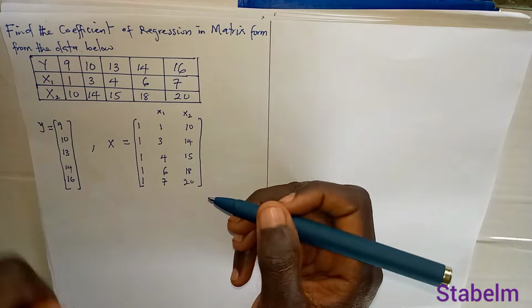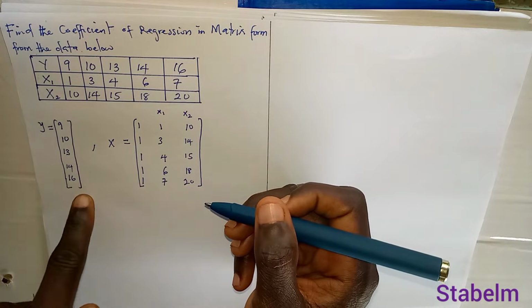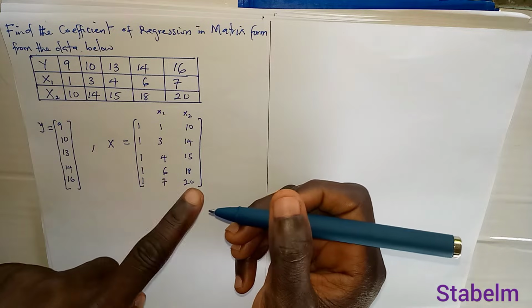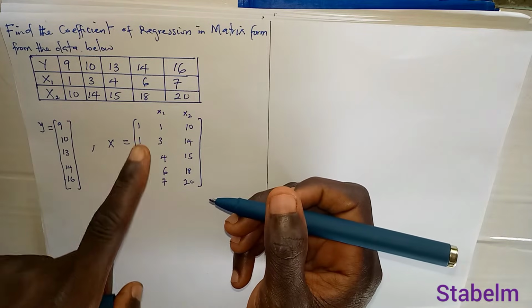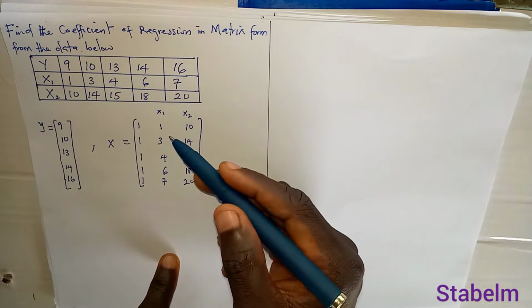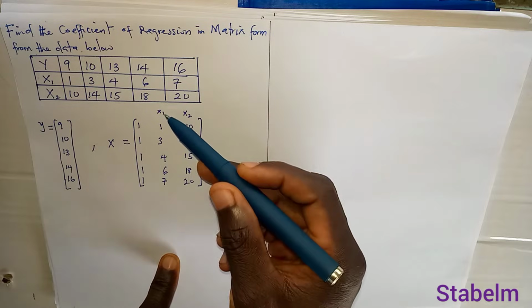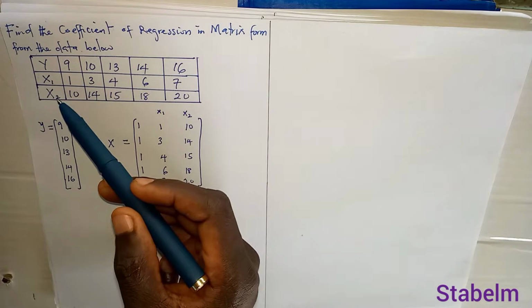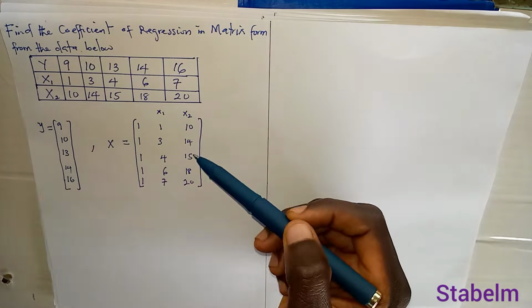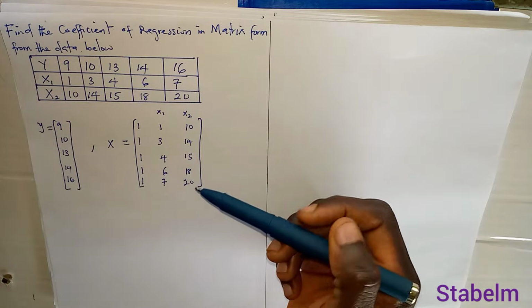So that is our y vector, and we have this matrix notation for X, which is 1 1 1 1 1, 3 4 5 6 7. This is for x1, and this column is for x2.